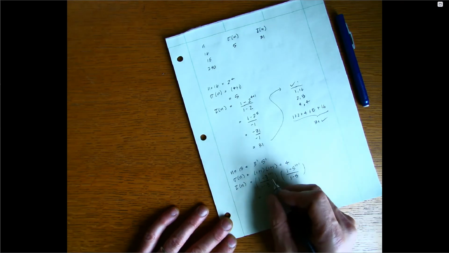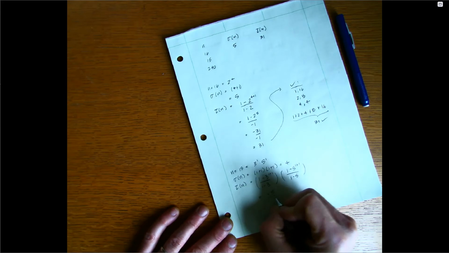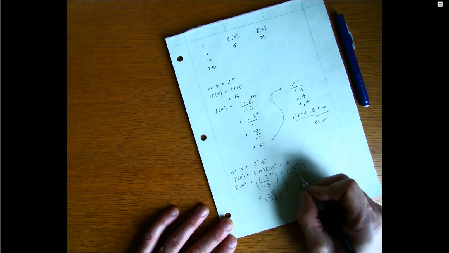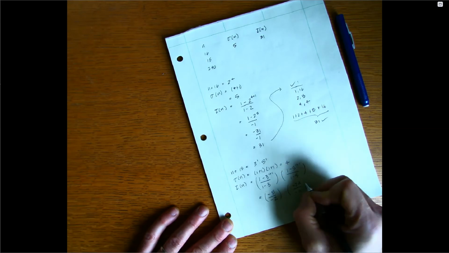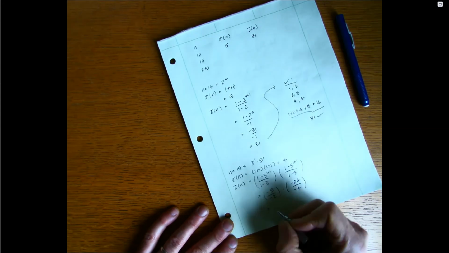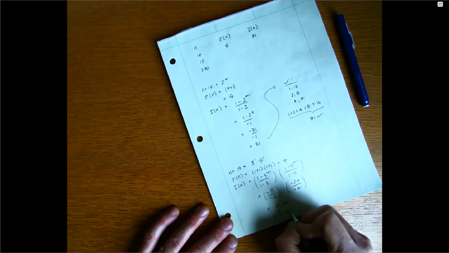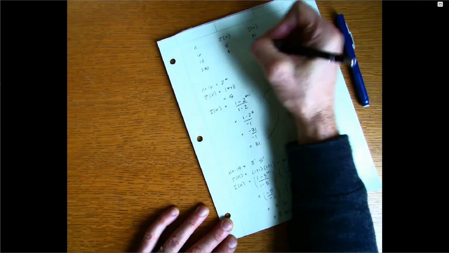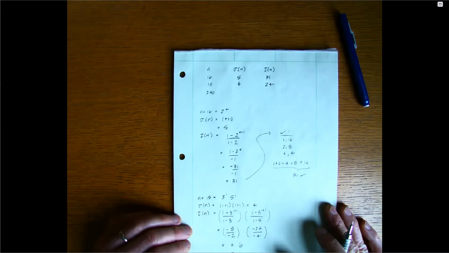We get 1 minus 3 squared. 3 squared is 9, so we'd have negative 8 all over negative 2. And here we'd have 5 squared is 25. 1 minus 25 would be negative 24 all over negative 4. So what do we get? We get 4 times 6, or 24 here as our answer. So once again, 4 and 24 as our answers there.